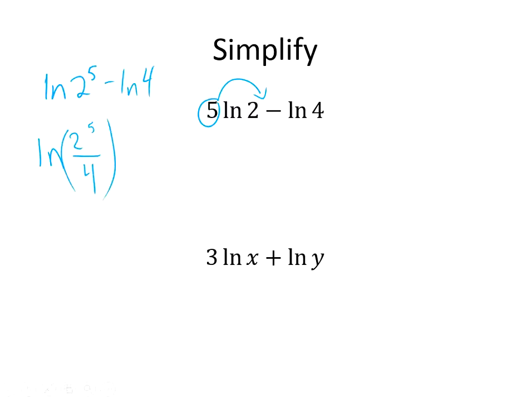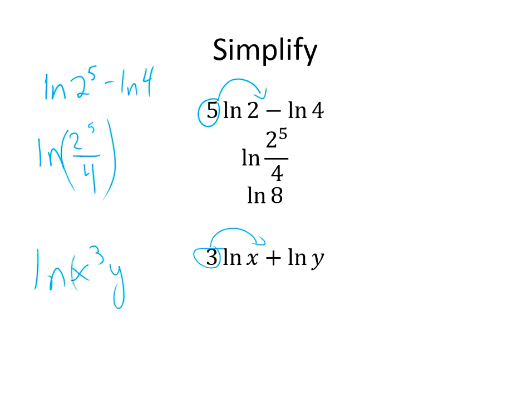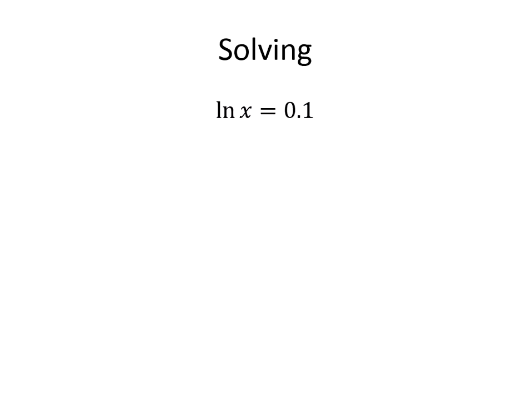Then we could reduce and simplify, getting natural log of 8. For the next one, the 3 becomes the power, so we have ln of x cubed times y. The rules and properties of logarithms still apply with natural logs. They don't change. Instead of writing log, we're writing ln.